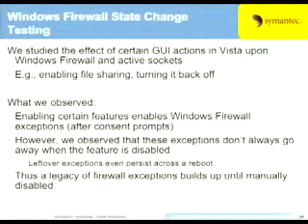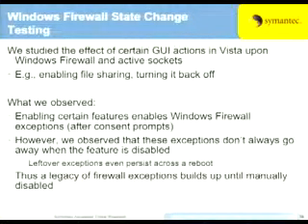We also wanted to find out how certain GUI actions in Vista affected the Windows firewall and the active sockets. For example, what happens if you turn on file sharing, then turn it back off? What we observed is that certain features, when turned on, create exceptions in the firewall after consent prompts.